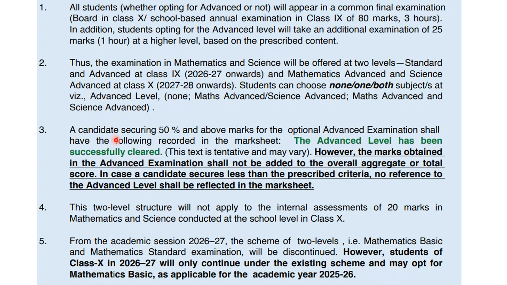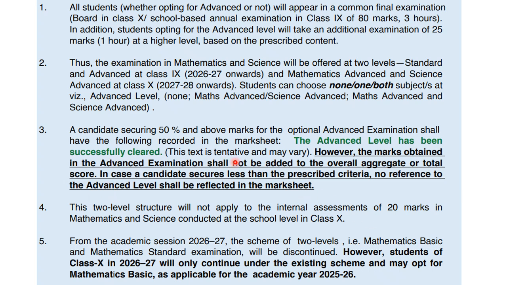So how will the marks be awarded? A candidate securing 50% and above marks in the optional advanced examination shall have the following recorded in the mark sheet, additional information: the advanced level has been successfully cleared. So only if you get 50% marks, you will get this certificate of clearing. So you can understand now, it is hot questions, higher order questions. So securing 50% in that will be difficult.